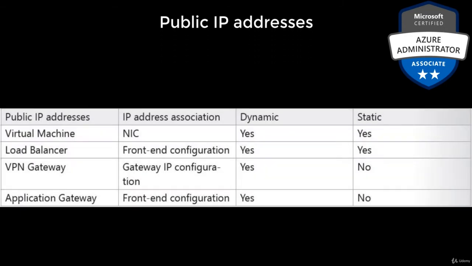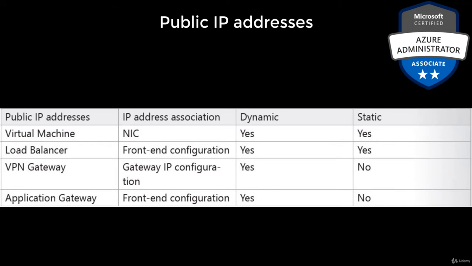A public IP address can be associated with a virtual machine network interface card, internet-facing load balancers, VPN gateways, and application gateways. If you choose dynamic assignment, then Azure will provide you with an IP address. You can also assign the IP address statically, and that then would be a static assignment.